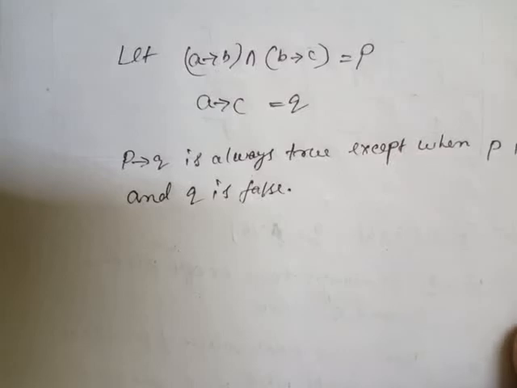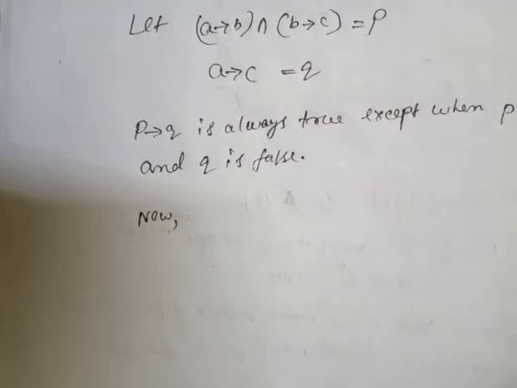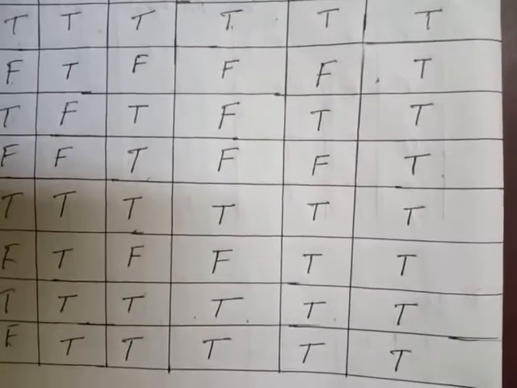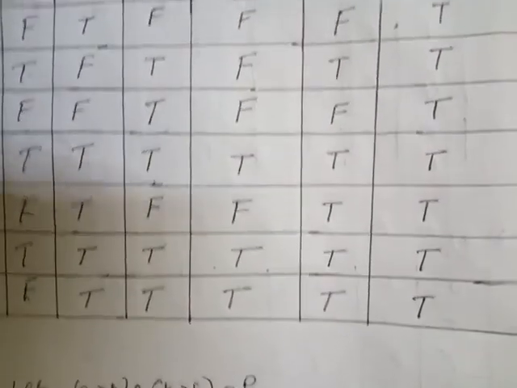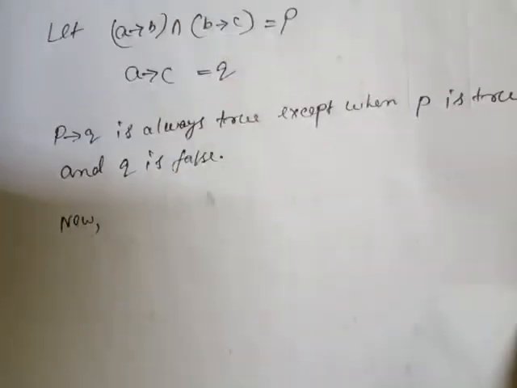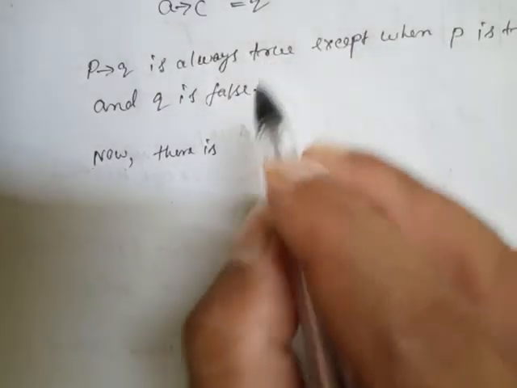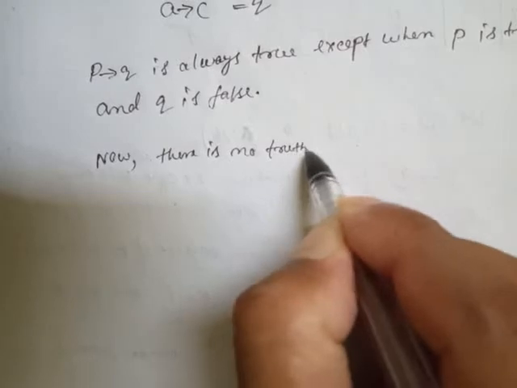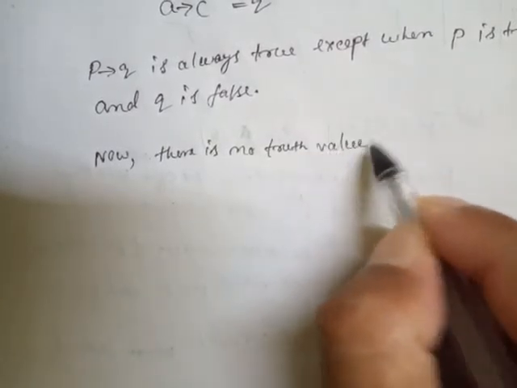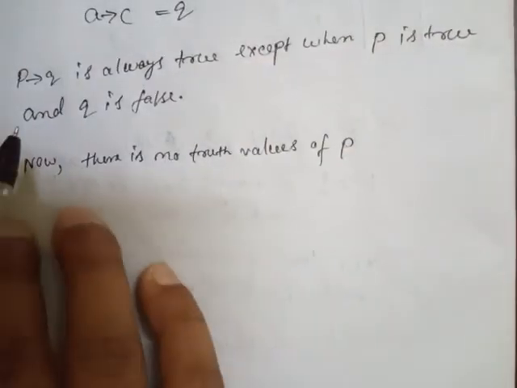So here we can say that in this case, in 3A also and 3B also, look, all the elements are true. Look, in the last row all the elements are true. Not even a single one is false in the last row, in 3A also and 3B also. So here I am going to write down the last statement as: now there is no truth value of P, that is, what is the value of P here?